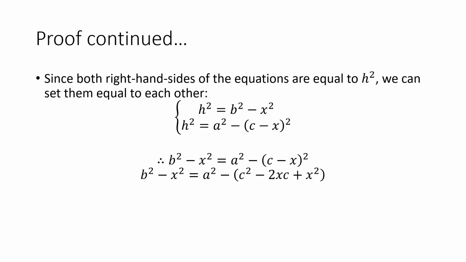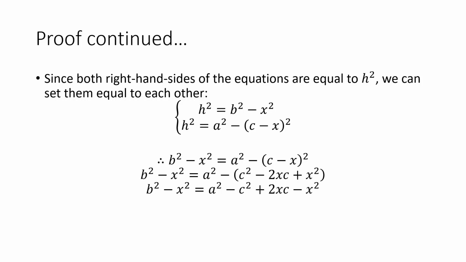And now we can distribute the negative sign into the parentheses. So we have b squared minus x squared is equal to a squared minus c squared plus 2xc, because we multiply the negative 2xc by a negative 1, so a negative and a negative gives us a positive. And then we have minus times a plus, which gives us a minus x squared.